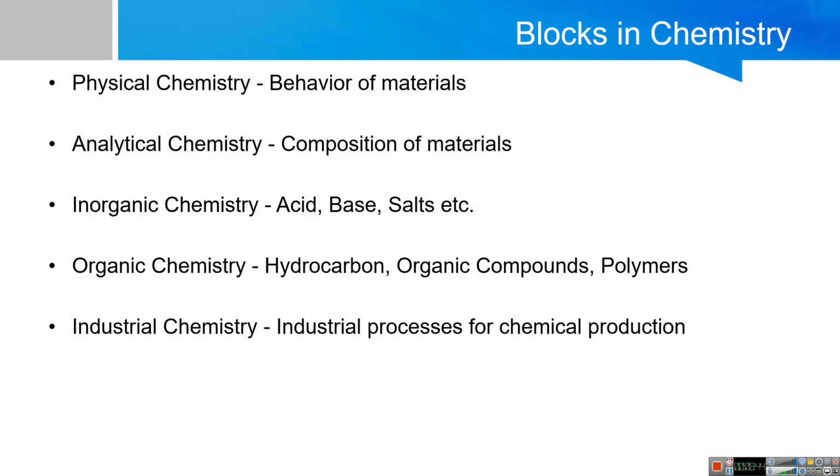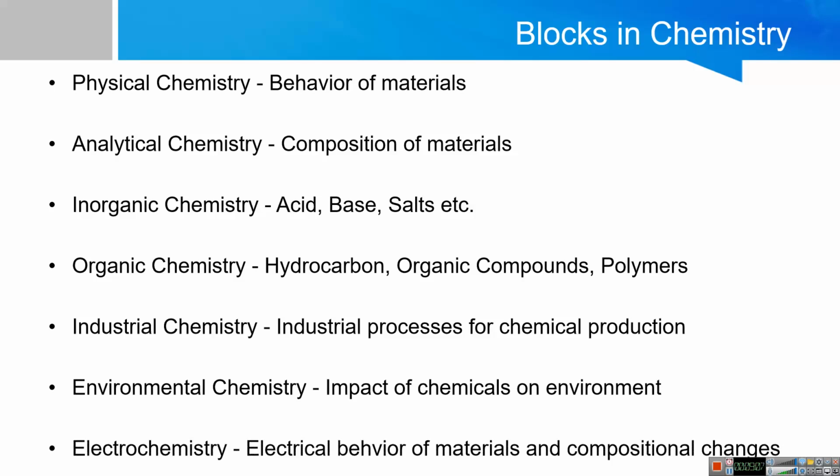Then we will go into the domain of industrial chemistry, in which we will study chemical processes that are used for the production of chemicals, like acids, like gases, how we obtain certain amounts of gases, and how we make salts and many others, like metal extraction.